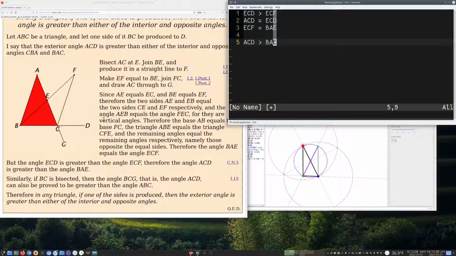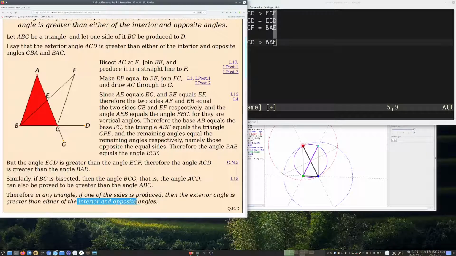Okay, so a similar construction does the same thing. Therefore, in any triangle, if one of the sides is produced, then the exterior angle is greater than either of the interior and opposite angles. Interior and opposite angles. So greater than either of the parentheses, interior and opposite.